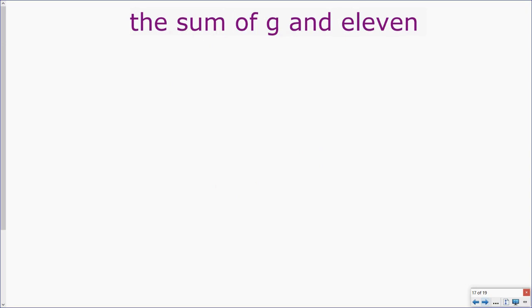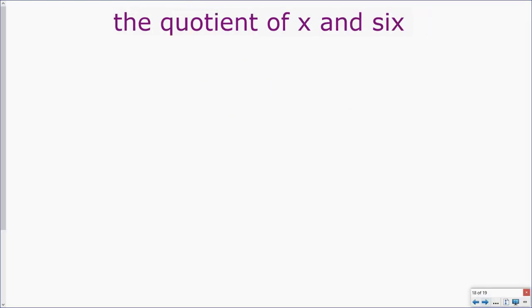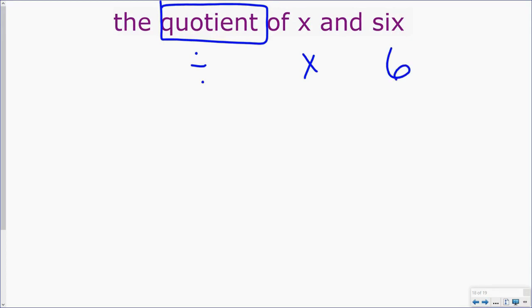The sum of g and 11. Well, sum means addition. Again, g for my variable, and then I have 11. So I would have g plus 11. The quotient of x and 6. Well, quotient means division. And then here I have x, and here I have 6.